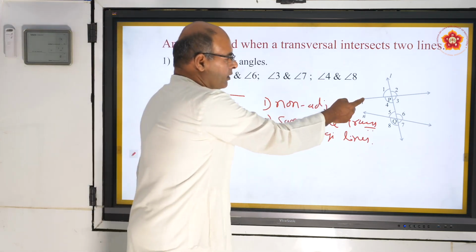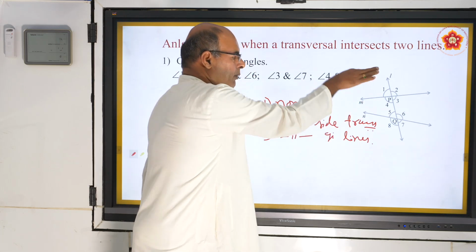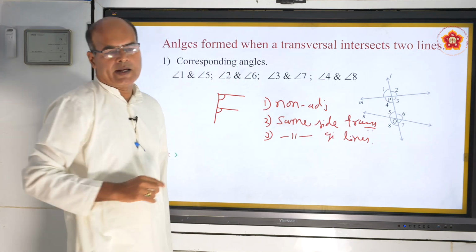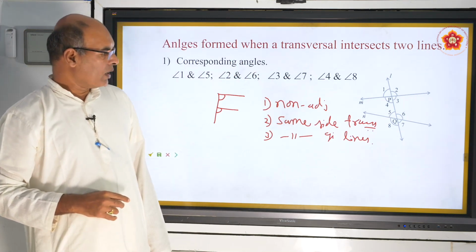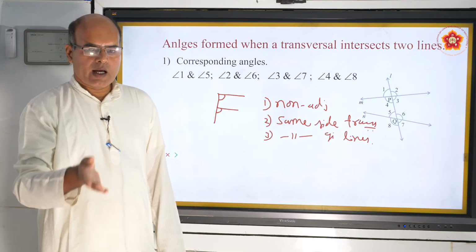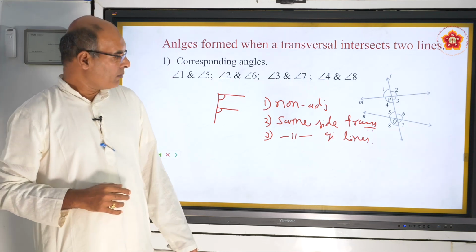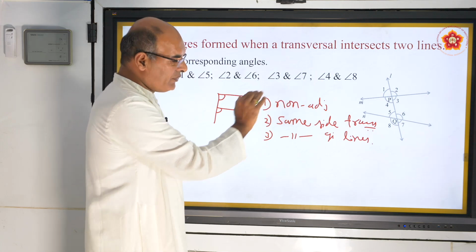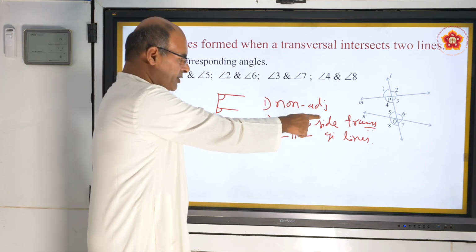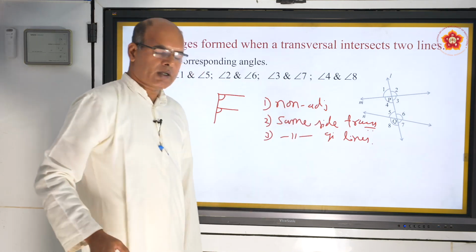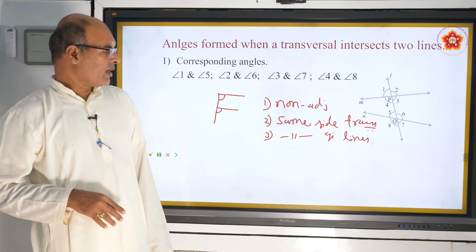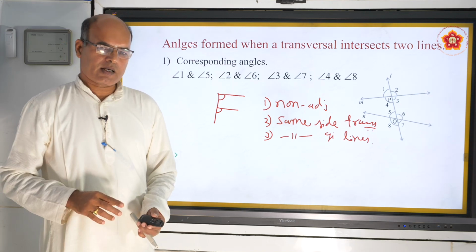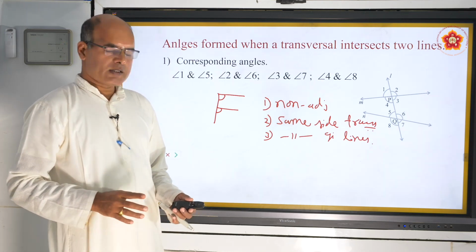Means here, angle 1 is above the line M. Angle 5 is also above the line N. So both are above the given lines. Both are left to the transversal. Both are on the same side of the transversal. Both are on the same side of the given lines. And they are not adjacent angles. So such angles are called corresponding angles.